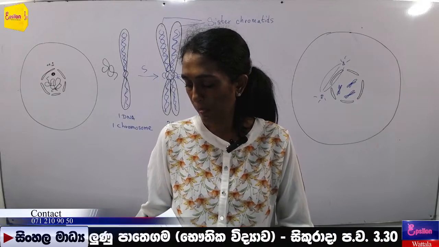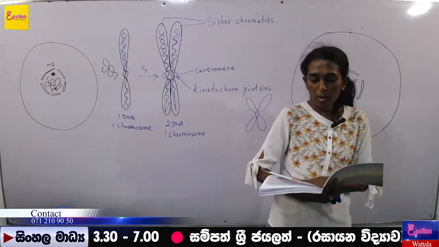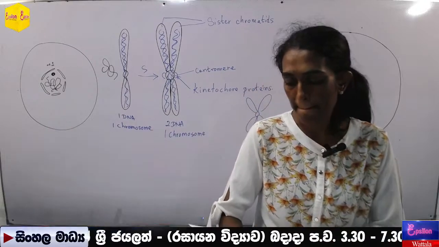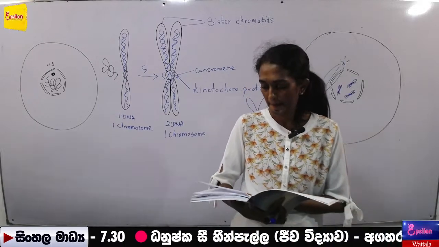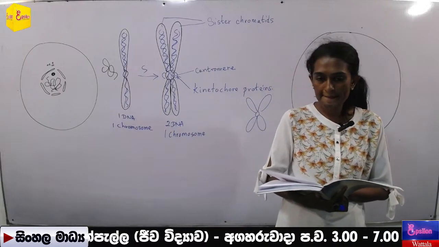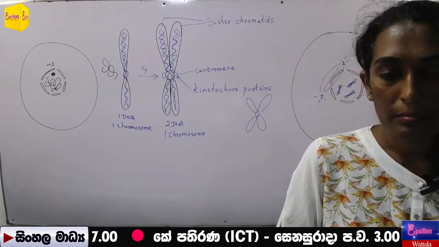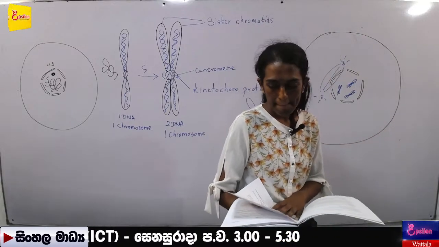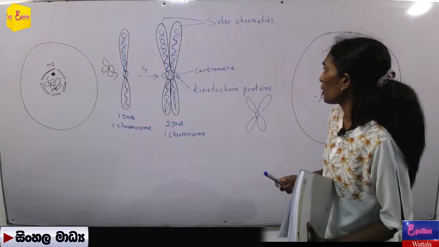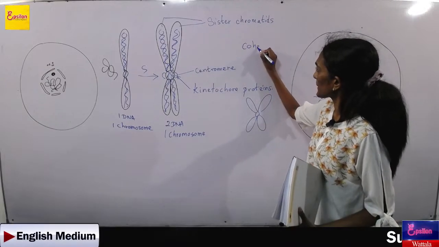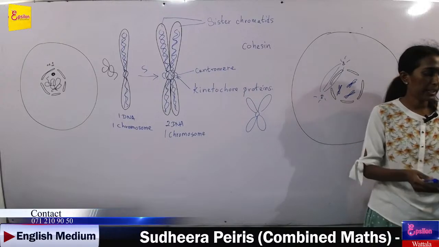Next one: chromosomal arms of sister chromatids are attached by special proteins called cohesin.